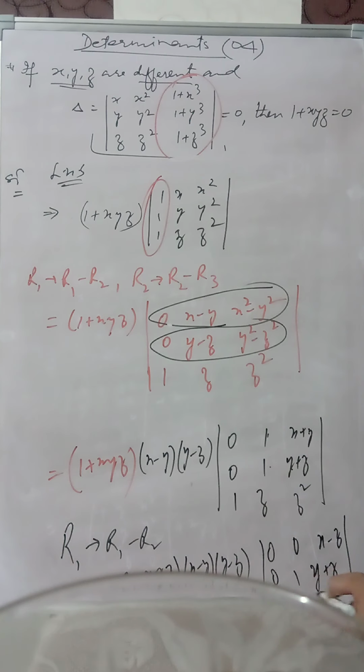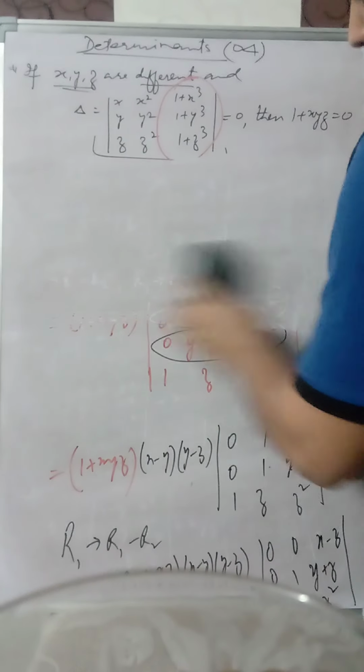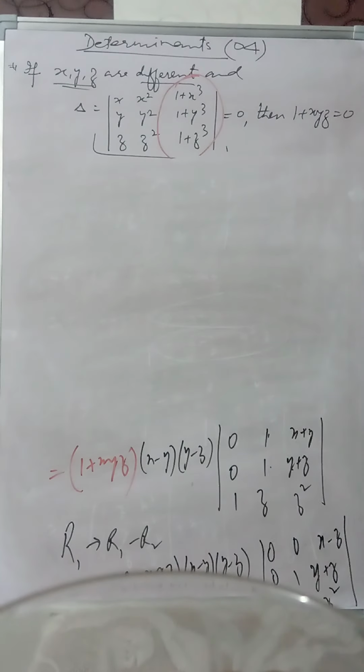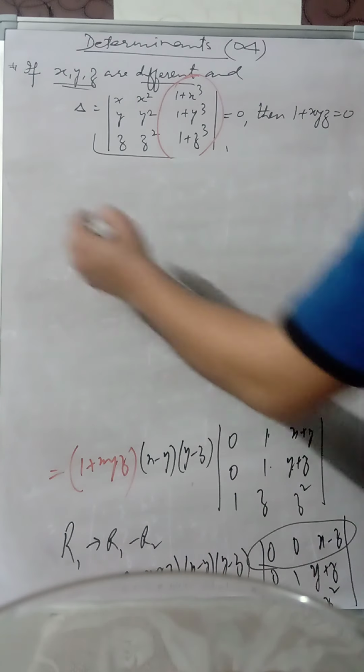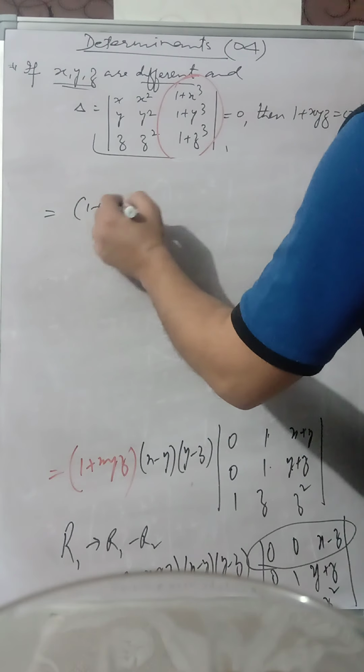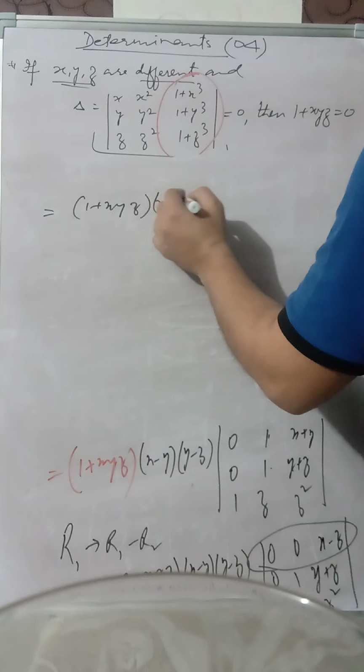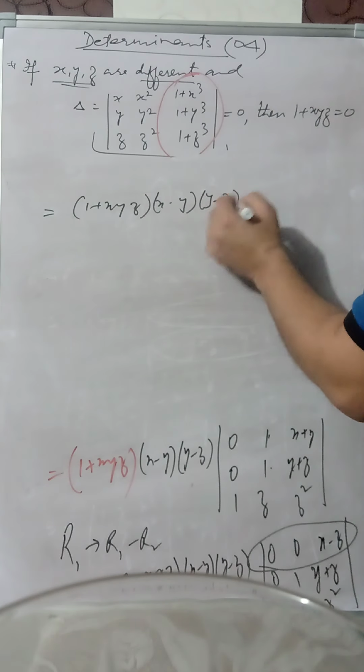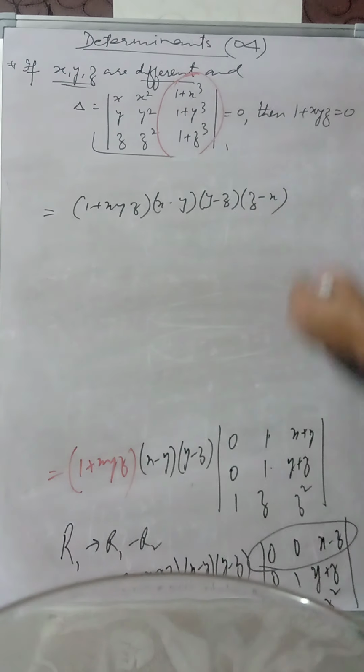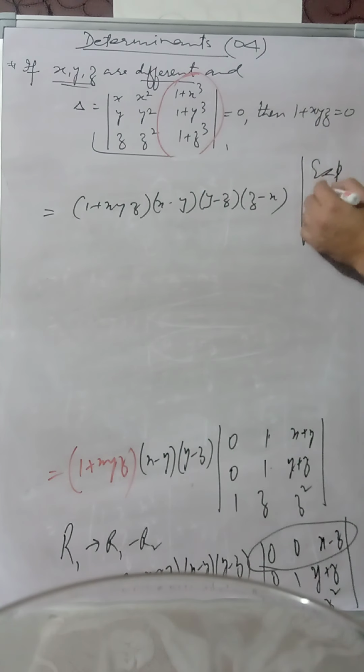This is 1, this is z, this is z square. Now once you simplify that, you take z minus x common from the first row, and as the rest of the entries are 0, it will be 1 plus xyz into x minus y into y minus z into z minus x. After taking that common, you expand it by R1.